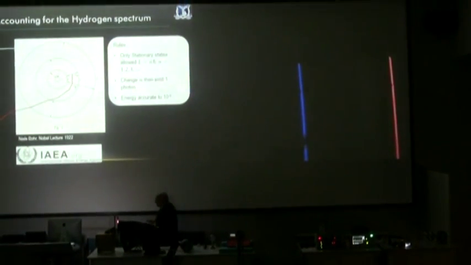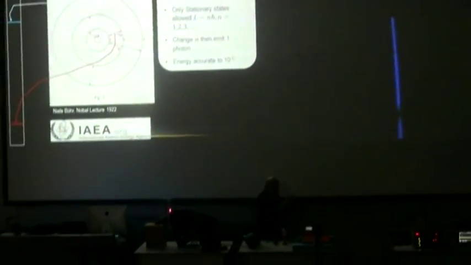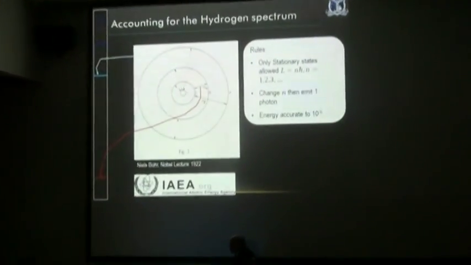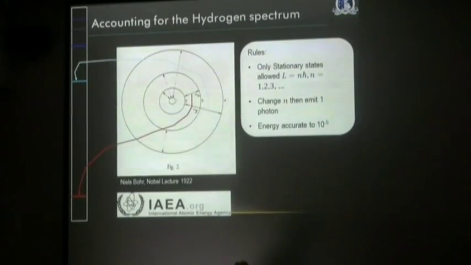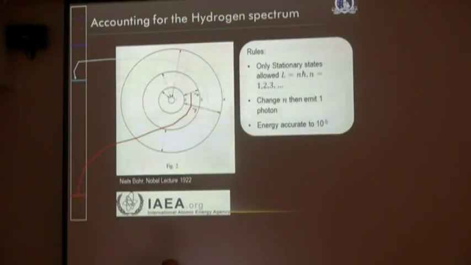Now, the interesting thing about this is that these colours are surprisingly well spaced. They're not uniformly spaced, but they're spaced with the suggestion that they follow a mathematical progression. And that mathematical progression was already worked out before Bohr.